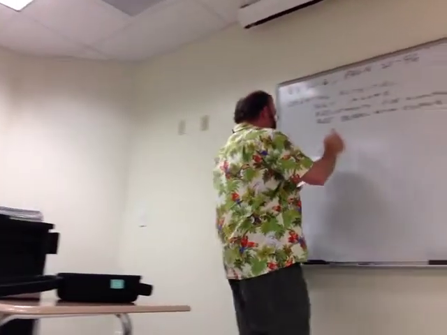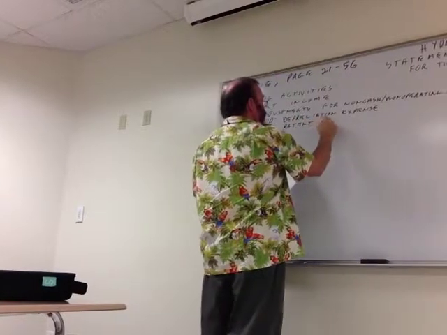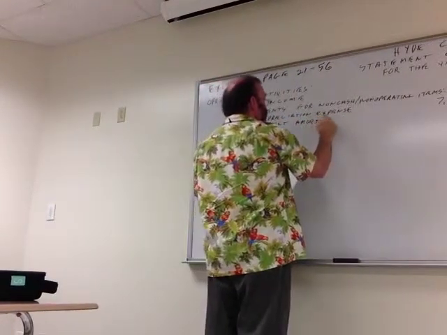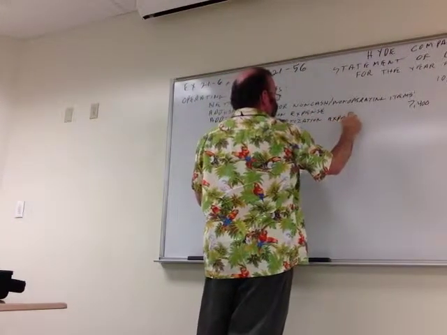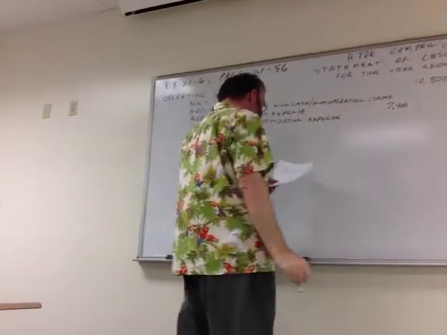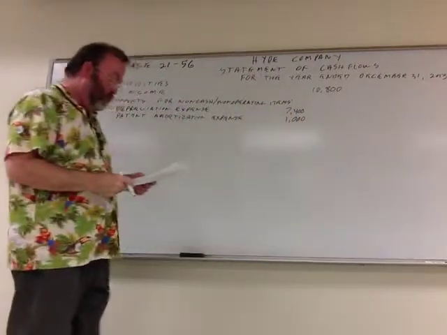They also, item number L, have some patent amortization for $1,000. And that's it for non-cash expenses on the income statement in this particular problem.